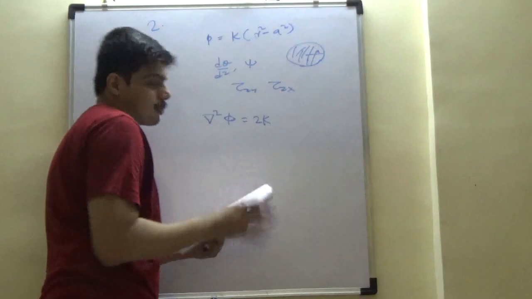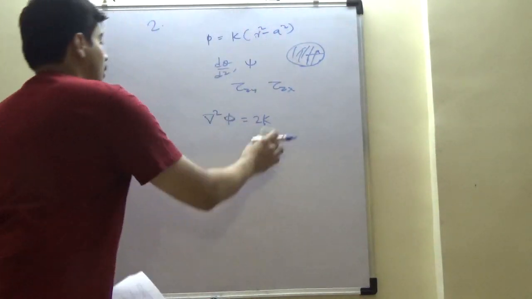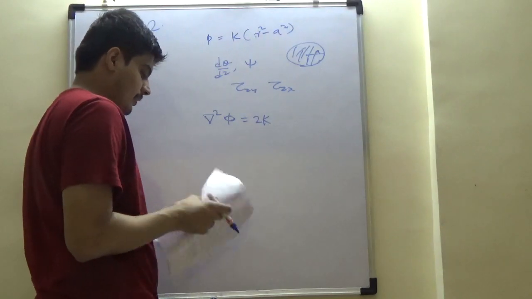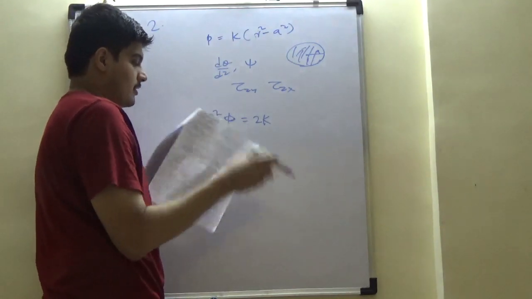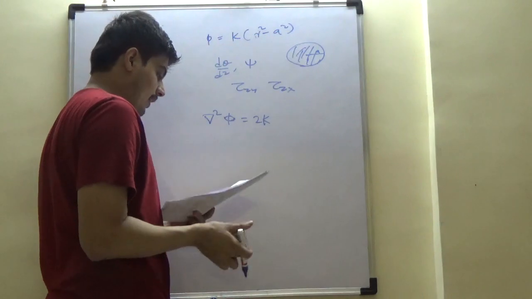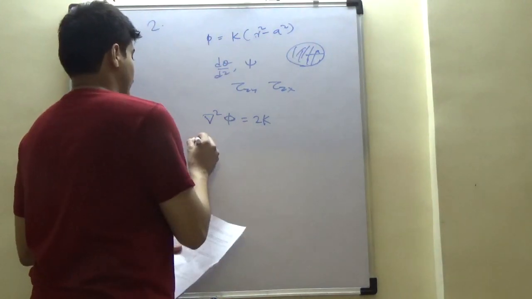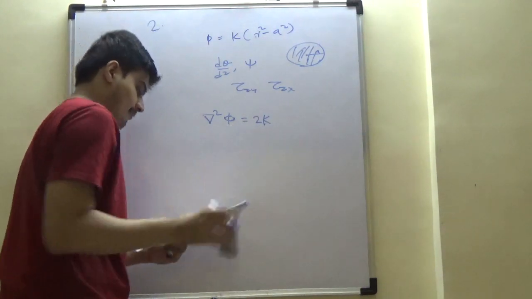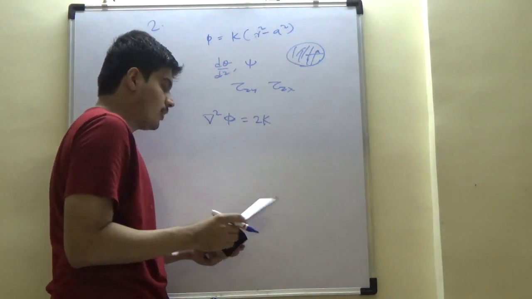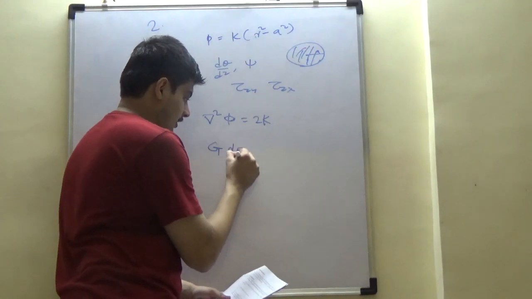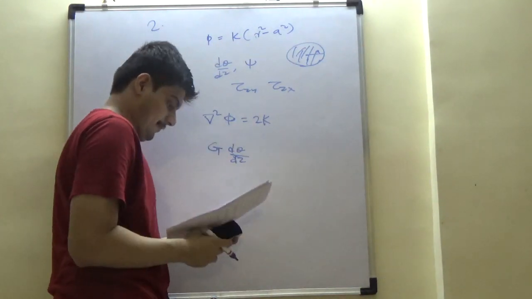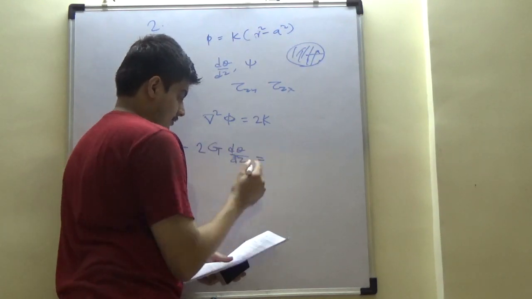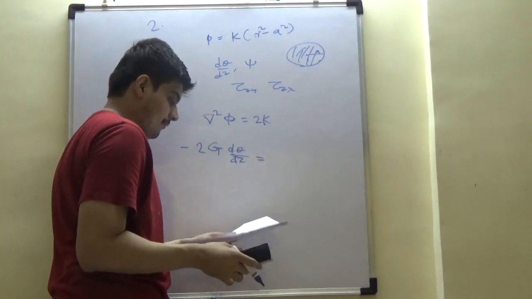So if k is required to be found out, 2k is this constant, del square phi. Correct? Now G into dθ/dz is equal to del square phi.